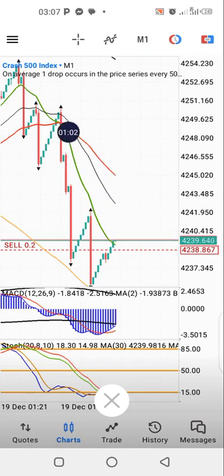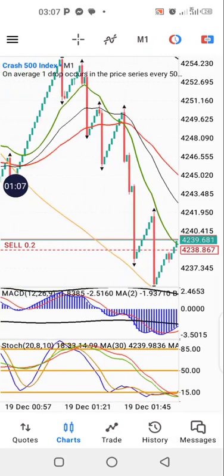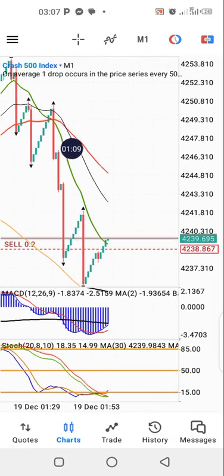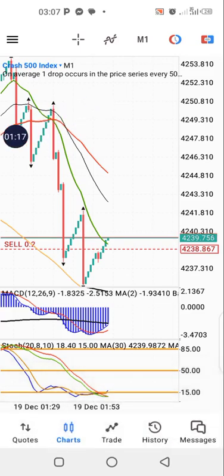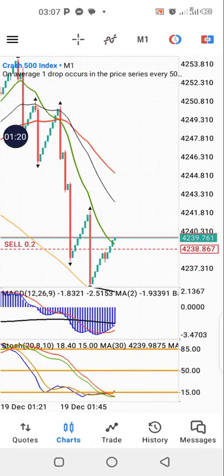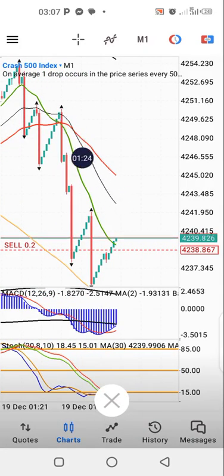Okay, but why did I take this trade? Very simple. These three moving averages are my confluence indicators. They give me direction after my price action. I've already taken price action and noticed that this is a downtrend, from the 1 minute time frame.